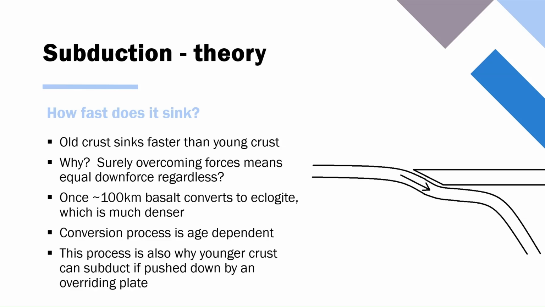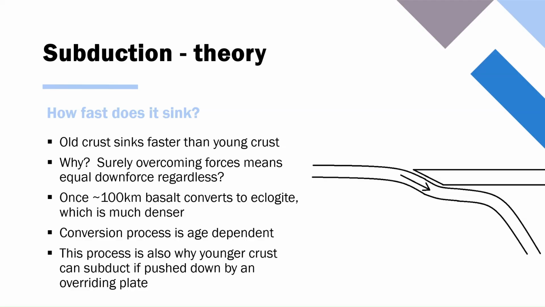And so I spent quite a bit of time this week studying this and reading up on this, and what it seems to be is that whilst the negative buoyancy is the initiator of subduction, and it is a major factor all through subduction, it isn't the only factor. Once a plate gets down to about 100 kilometers of depth, it will undergo a process due to the pressure where the basalt starts to convert to a different type of rock called eclogite, which is much denser.